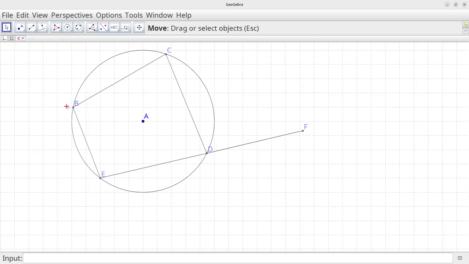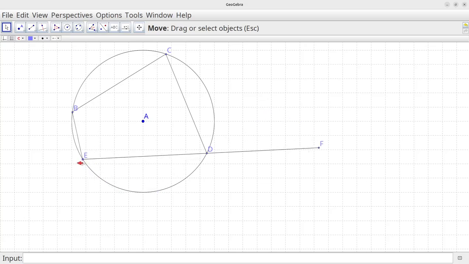And then we have something like that. Nice one. Now let's do the proper measurements here.